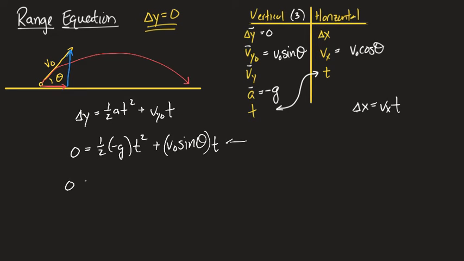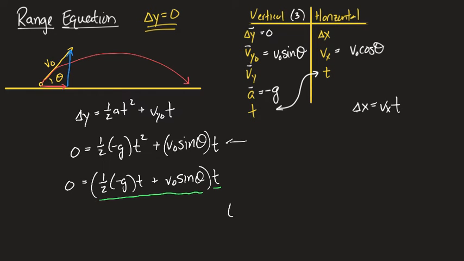First thing I'm going to do is, like I said, factor out one of the t's. So I just factored one of the t's out. Everybody okay with that? I'm going to set each of these equal to 0 to get an expression for t.